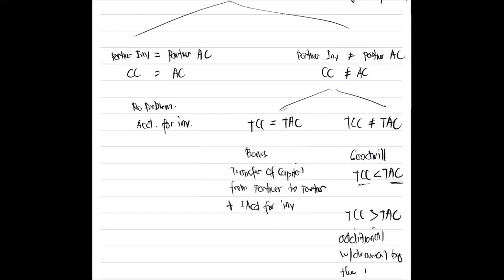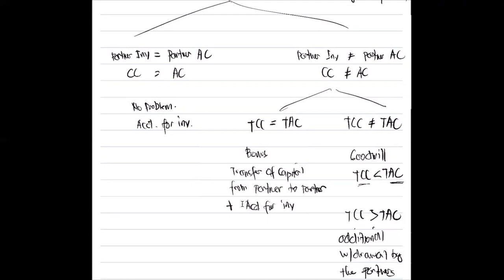Okay, so again, there are two instances. First, we have here your contributed capital is equal to your agreed capital. Sabi natin, we don't have any problem here. We will just account for the investment. Next, what if your contributed capital is not equal to your agreed capital? So it's either a bonus, or there will be a transfer of capital from one partner to another partner, and then we account for the investment.